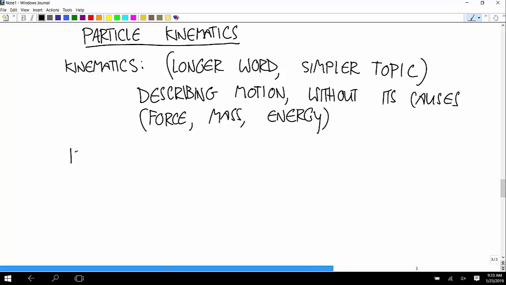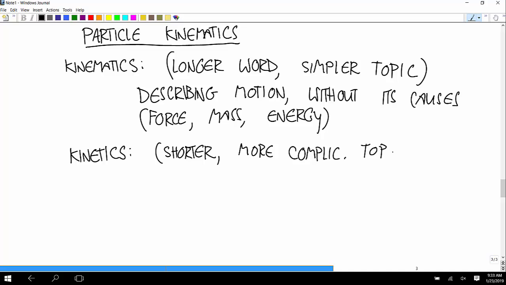And then when we get into kinetics, that's the shorter word, more complicated topic. And that includes all of kinematics, but now it combines the causes too. So it combines the kinematics with causes of motion.